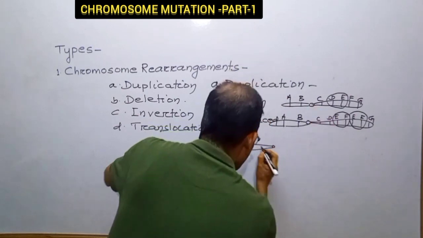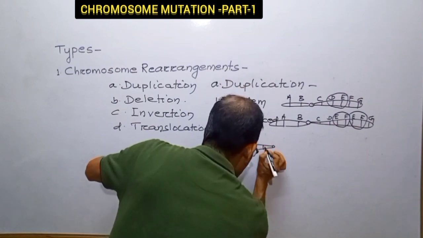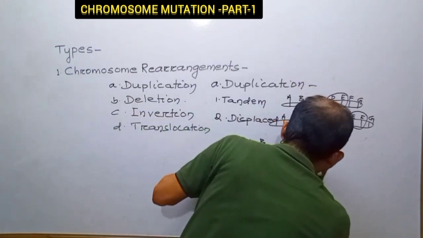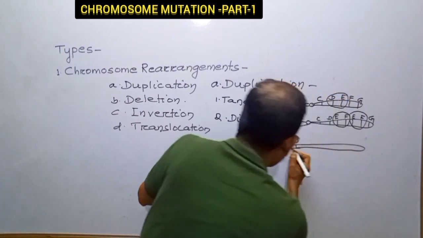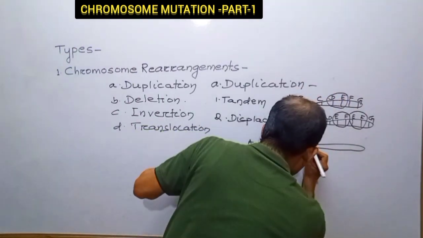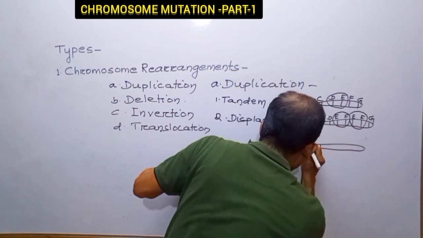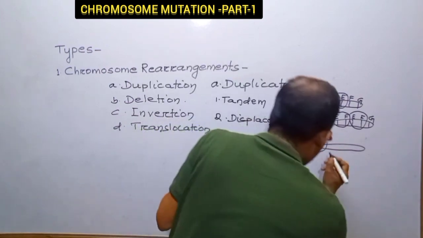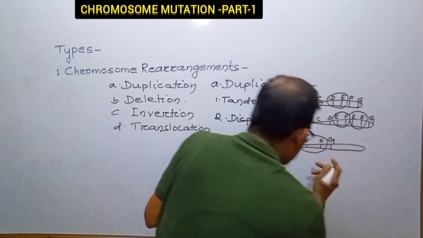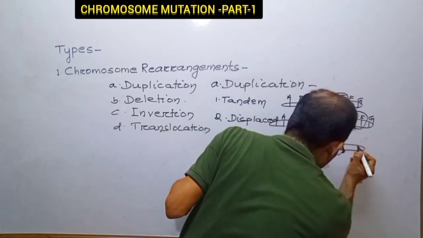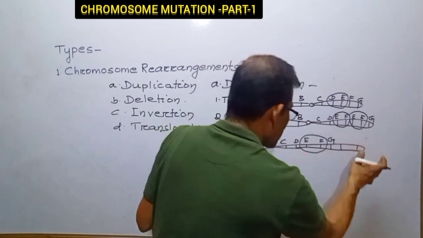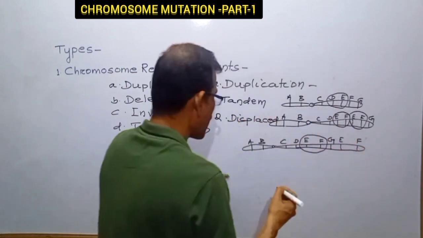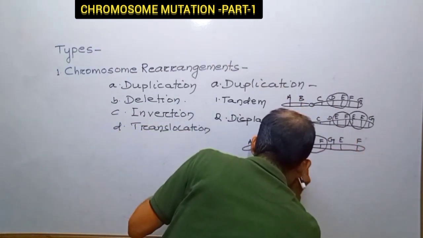These are the centromeres, and here it is A and B. So due to displaced duplication, the chromosomes will be like this. Here it is CD, and next one is EF. This is the original sequence, and after duplication, here it will be G, and the duplicated region will be located at some distance from the original segment. So such type of duplication is known as displaced duplication.